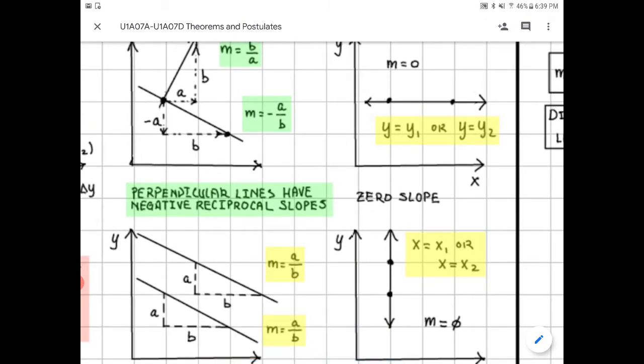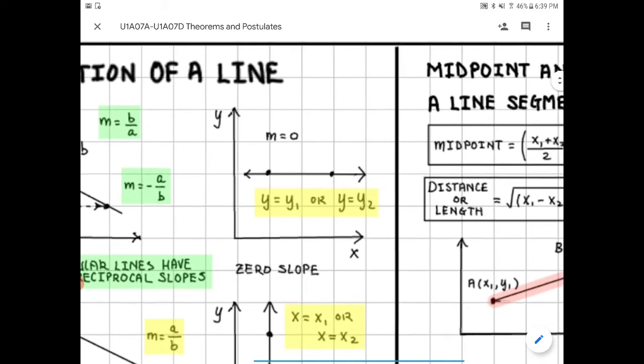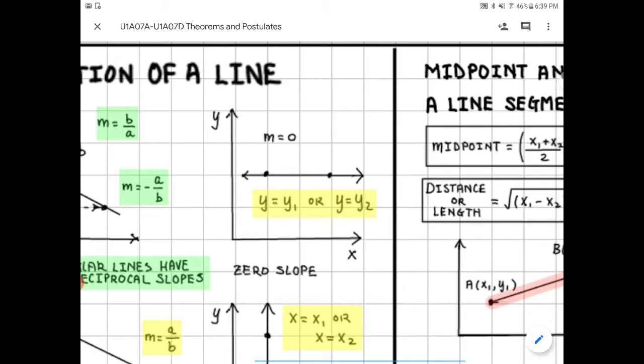Let's focus on this idea right here. If a line is horizontal, or if 2 points are on the same horizontal level, then the slope of that line is equal to 0.